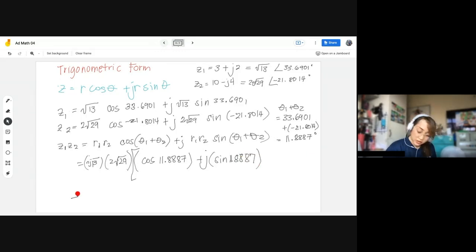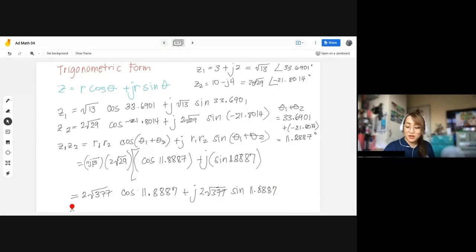So that is 2 square root of 377 cosine 11.8887 plus j 2 square root of 377 sine 11.8887.